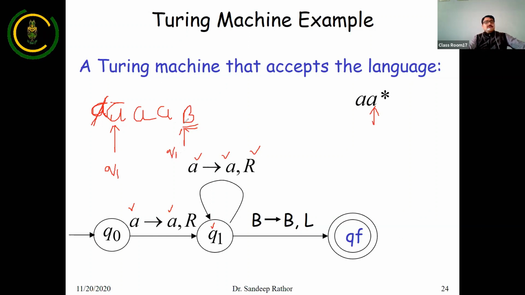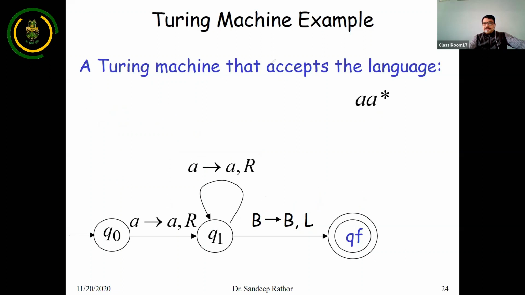Blank sign means your string has ended. Then, reading the blank sign, mark the blank sign, and the direction of the head in this place can be right or left, whatever, no problem at all. You can show either left or right. And finally you reach the final state. So this is the simple way to construct the Turing machine.